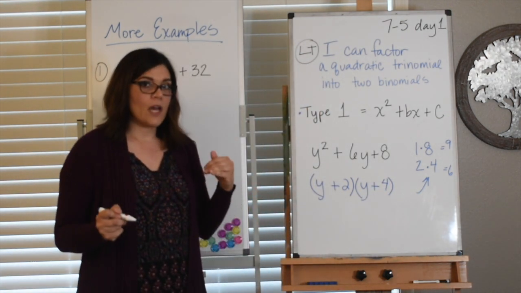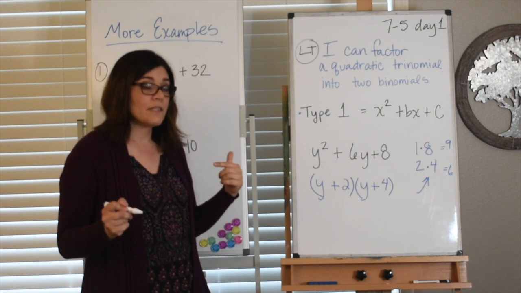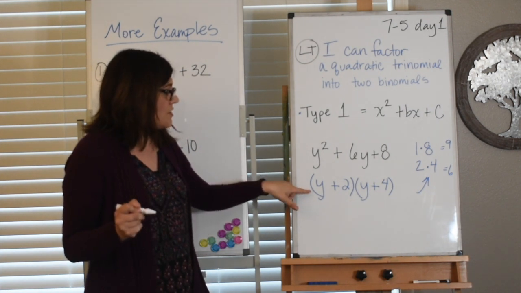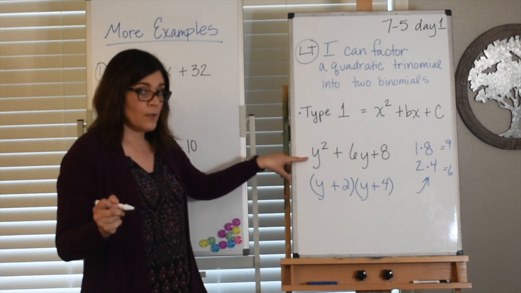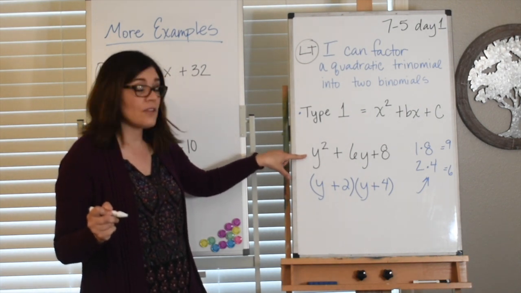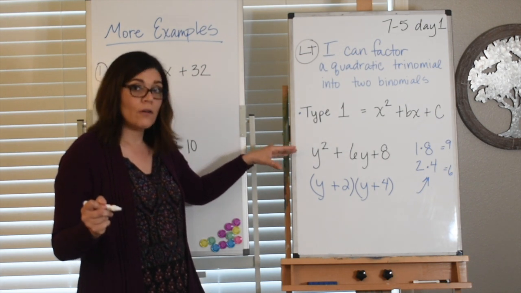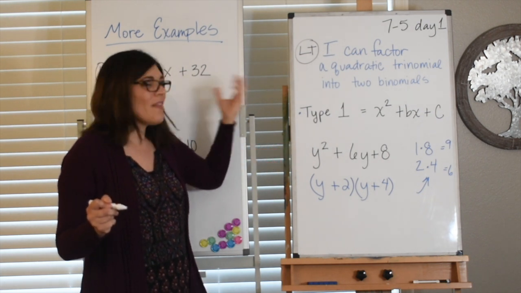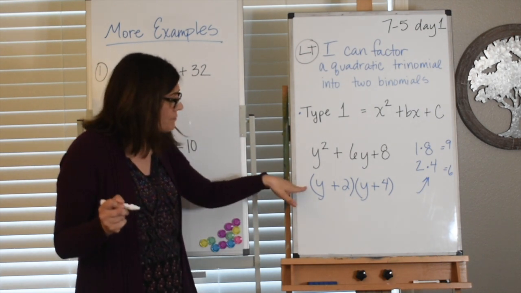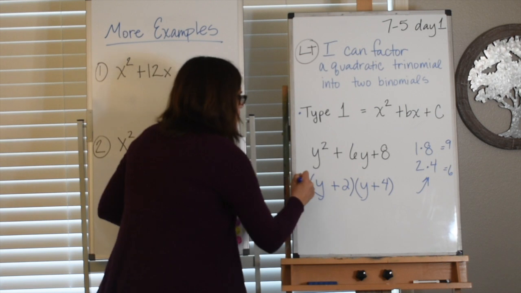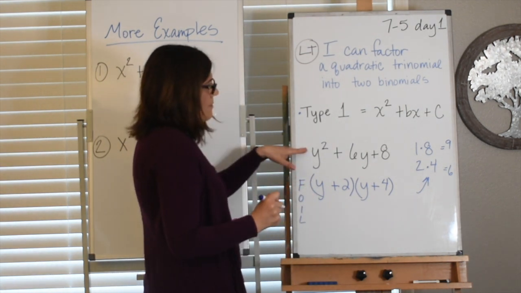Now, we want to double check. You can do a mental check. I'm going to do it on the whiteboard, but this is something you can do mentally to see if this set of binomials, when I distribute everything out or use FOIL, turn into this trinomial. Because remember, when we're factoring a trinomial, we are basically doing the opposite of what we've been doing. We're undoing FOIL, okay? So let's go ahead and multiply this out and see if it ends up being this trinomial.